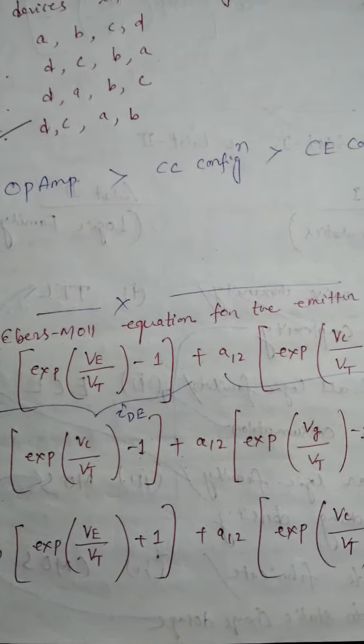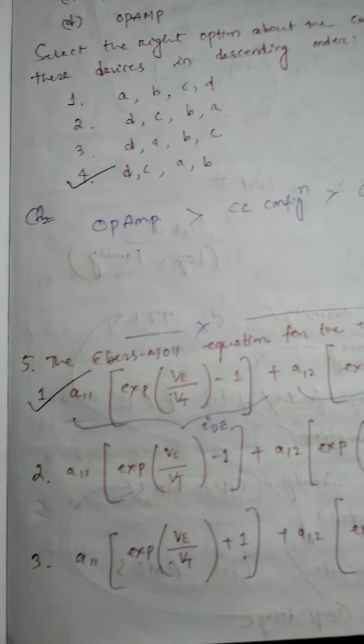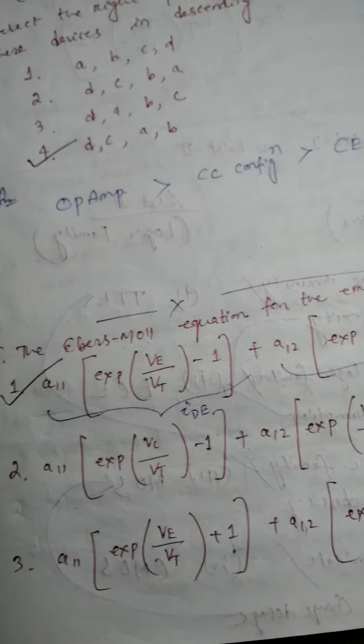The Ebers-Moll equation for the emitter current is, you can just read these options carefully.